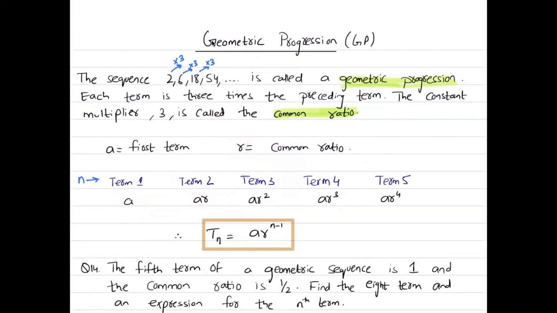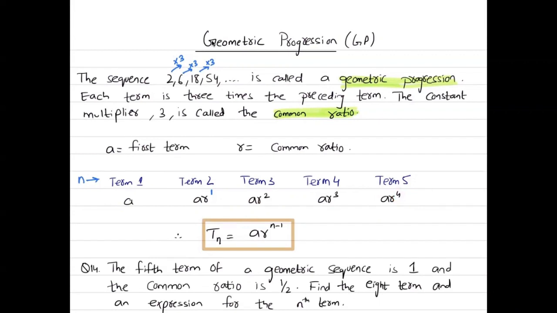Now notice this, that the first term is a, the second term is ar to the power of 1. The third term is ar to the power of 2. The fourth term is ar cube. The fifth term is ar to the power of 4. So whatever the value of n is, the power of r is 1 less than that value.